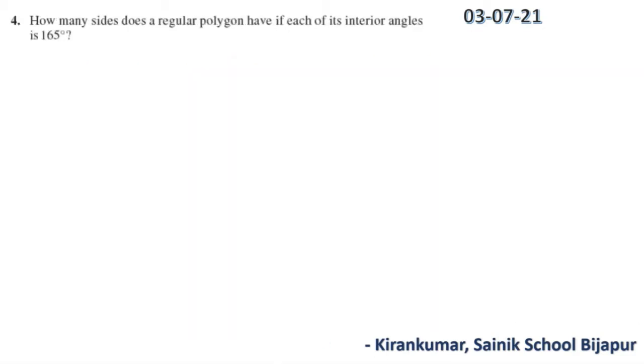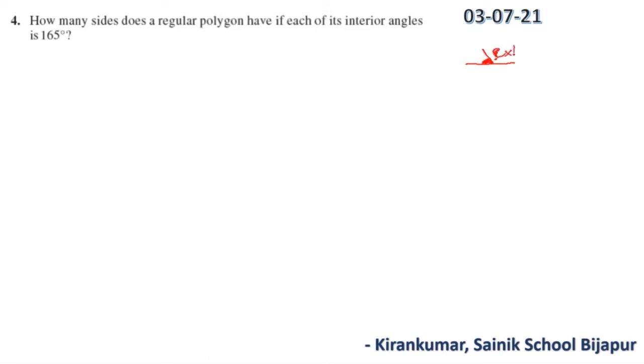Question number 4. How many sides does a regular polygon have if each of its interior angles is 165 degrees? When we look at any polygon, if this is considered as an interior angle, its linear pair will be the exterior angle.